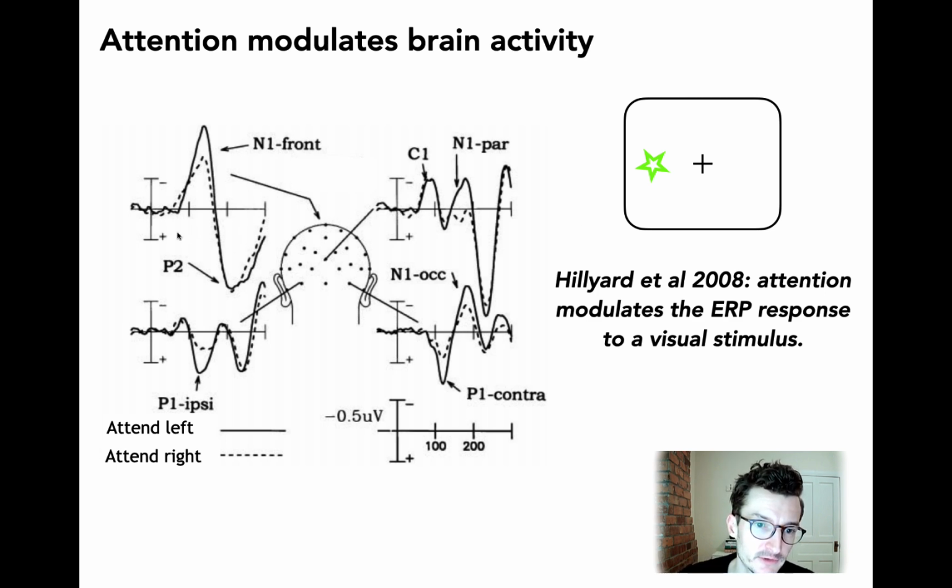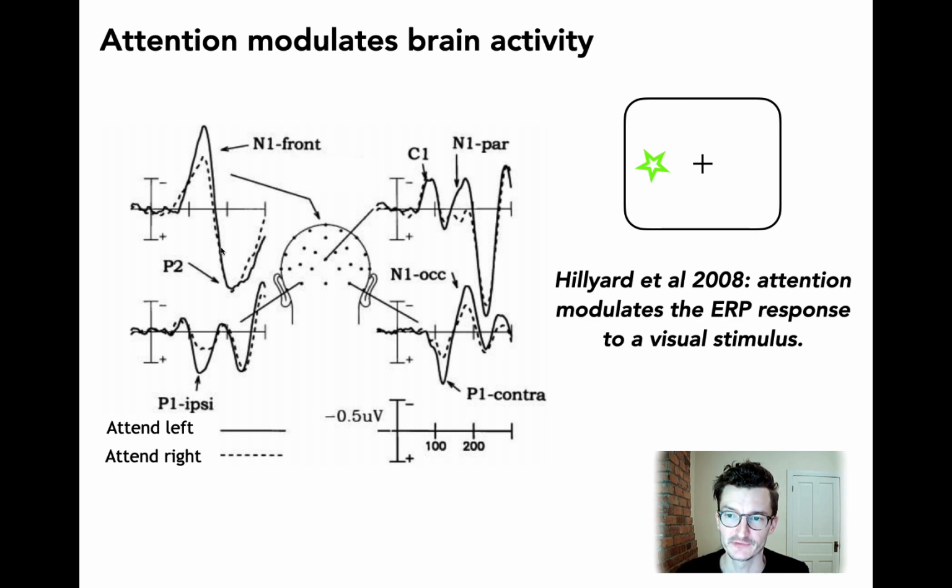And so you can see that in this image here. So the solid lines reflect trials in which they're attending to the location in space where the stimulus appears. The dashed lines reflect trials where they're attending to a location in space where the stimulus doesn't appear. So these are the invalid trials in the Posner task.